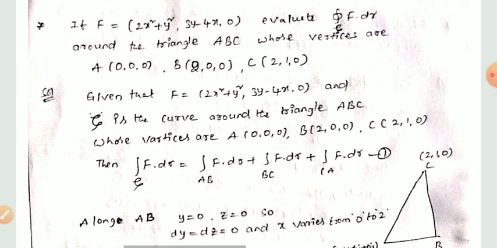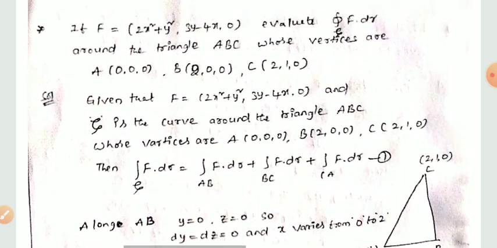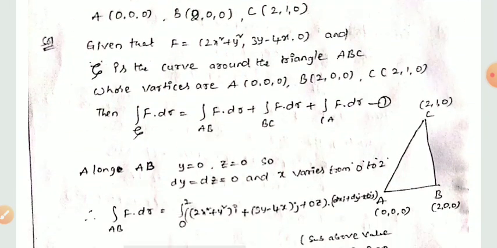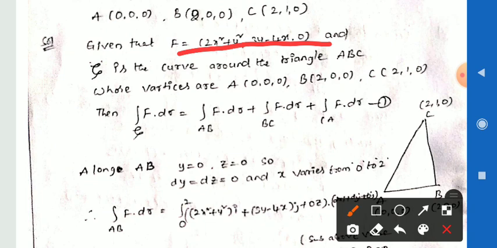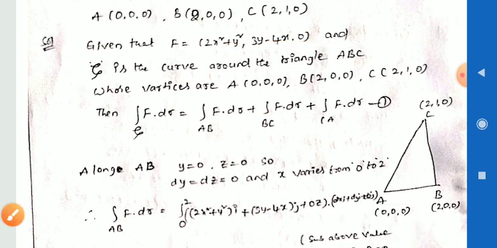For this line integral, given that f is a vector, f is equal to (2x square plus y square, 3y minus 4x, 0), and here C is the curve around the triangle ABC, whose vertices are A (0, 0, 0), B (2, 0, 0), C (2, 1, 0).